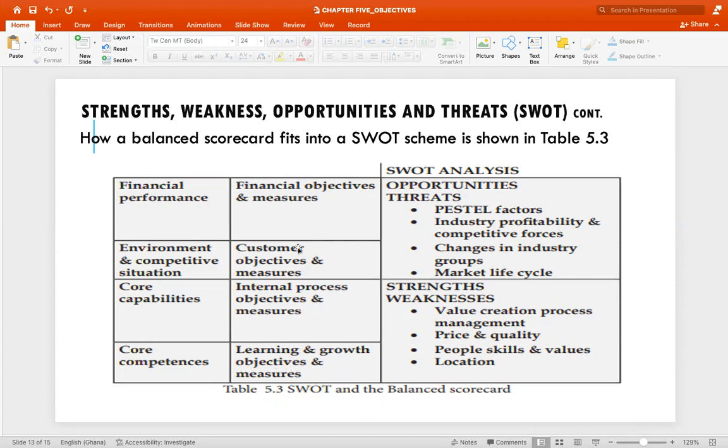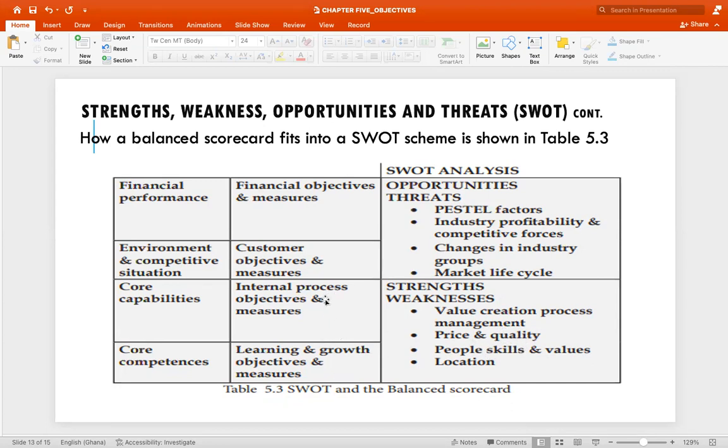So realize that the balance scorecard is what is here. All right, we have learning and growth, objectives and measures, which we said should be the first thing that CEOs should actually be paying attention to. Why? Because if you do that, that will help you to build on the strengths of your employees.